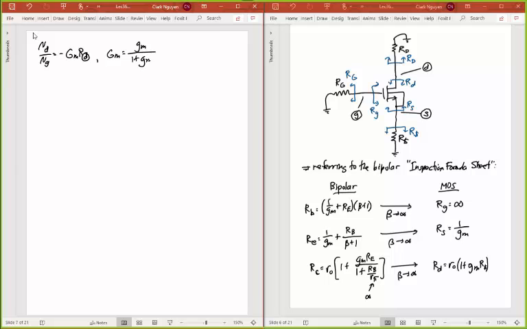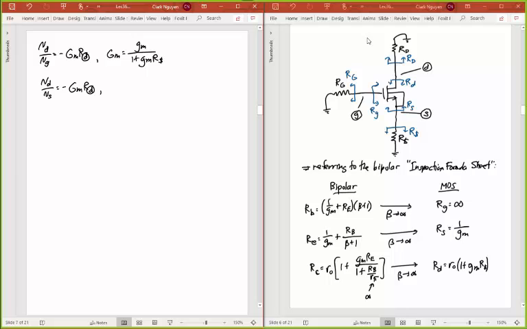It's going to be GM over 1 over GM plus RS. And then another gain that we can get is from the source to the drain. So in this case, from here to up there, that was the same as emitter to collector gain for the bipolar case, but same circuit, so we're really going to get the same expression if we did the hybrid pi analysis. So that's going to be minus GM times RD.